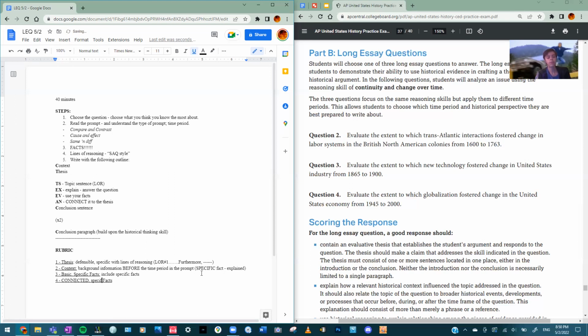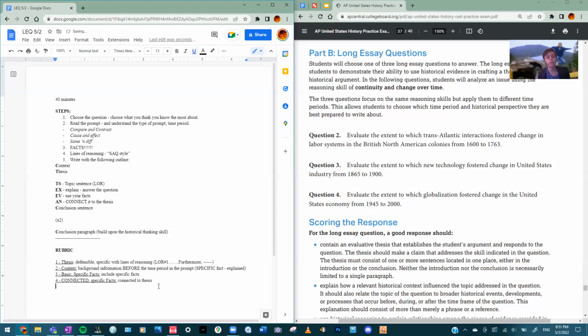So you can get 2 fact points, and it has to be the first one or connected to the thesis. The first one is you just have to include facts. You can just drop this here and not connect it. All right, you get one point, but you want another one? Say this supports my thesis because.